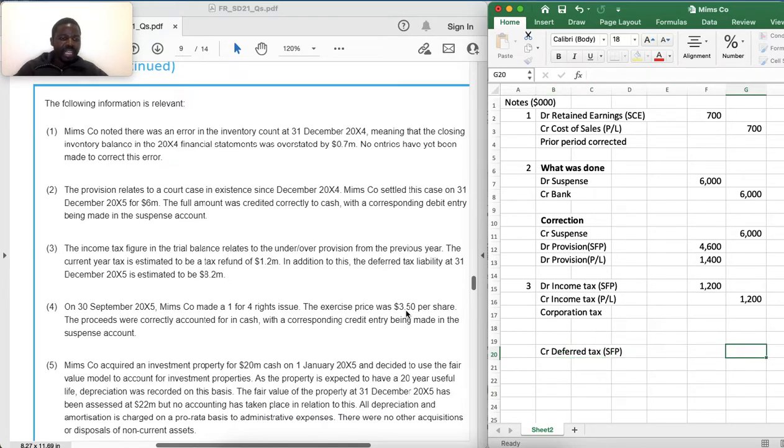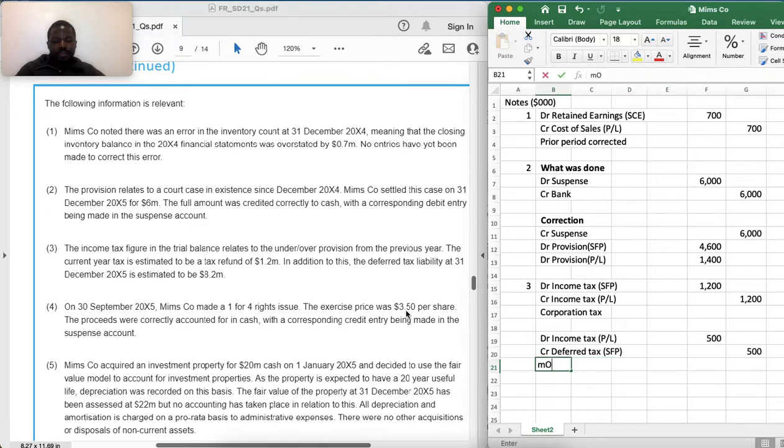We are increasing our liability to 8,200 from 7,700. So the movement goes to the income tax in the statement of profit or loss, of 500.